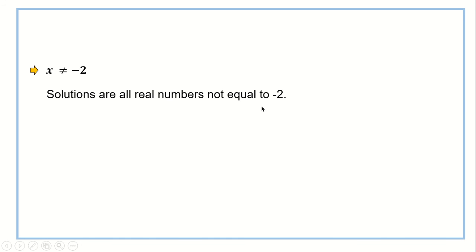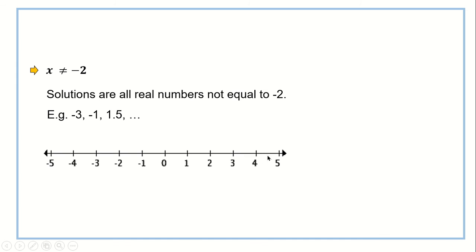So it means that all real numbers make this inequality true apart from -2. So we show it on the number line. Remember, we do not include -2, so we have to use an open circle. Then we go to the left and to the right. Okay? I hope this is really understood.